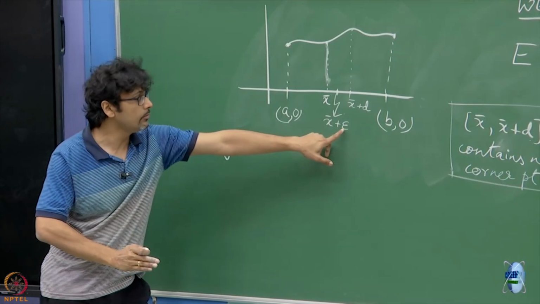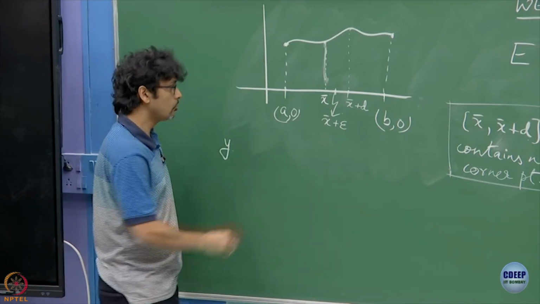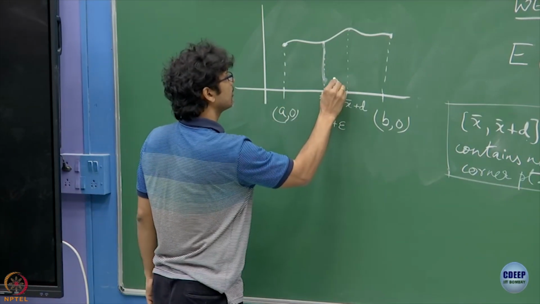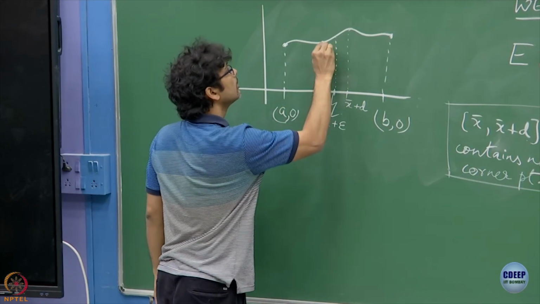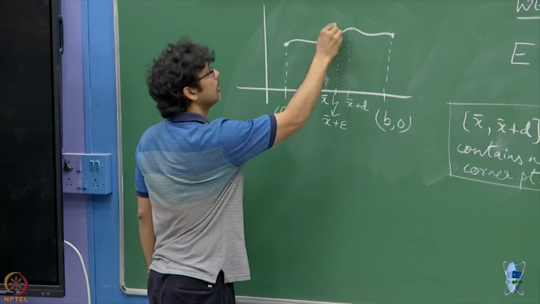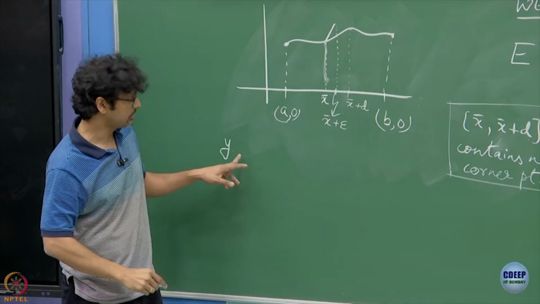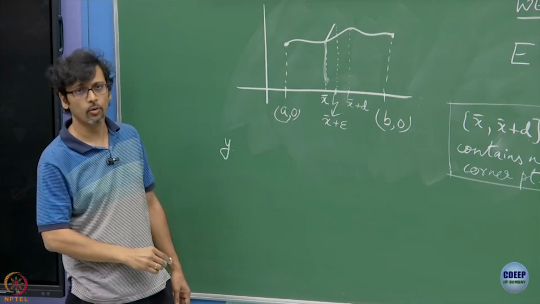Here the same role will be played by epsilon, right? So what's it going to do? It's going to take a perturbation like this, a kind of straight line here. I'll write the explicit characterization of this perturbed curve so you'll know what we are talking about.